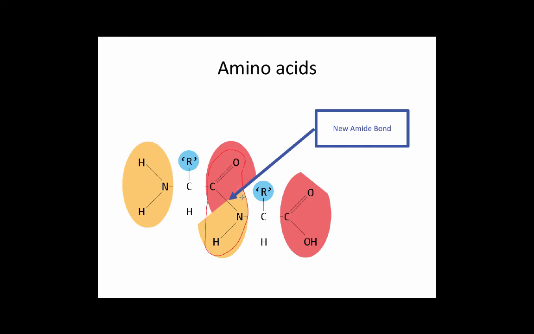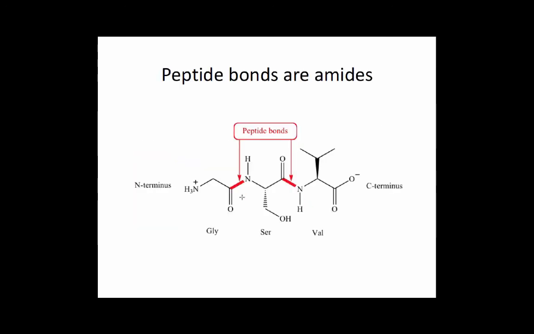And in the case of proteins, because amino acids go into proteins, we sometimes call this a peptide bond, which you probably have heard of before. Notice that peptide bonds are actually amide functional groups, and we call that the peptide bond. So this is what happens when we build proteins from amino acids.